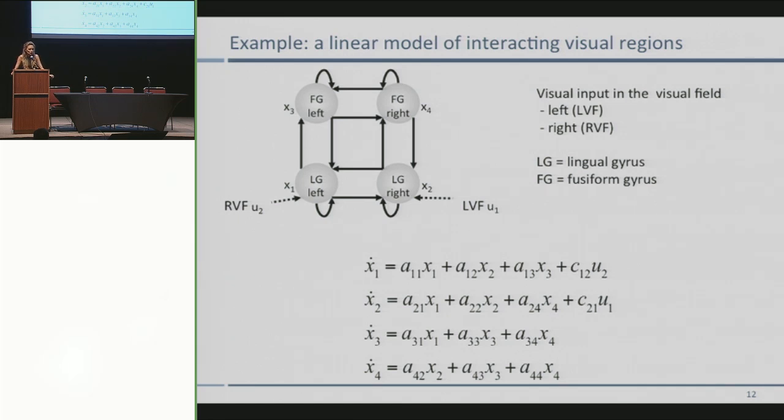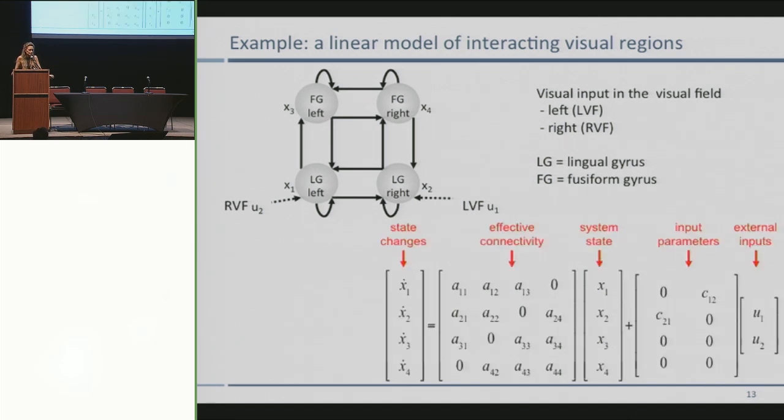And so what we call all the states X, and then we can break this equation into matrix form where we have state changes and then a large A matrix, which we call the effective connectivity. These control changes in the system state X. And also we can include input parameters C, which control the strength of the external inputs U1 and U2.